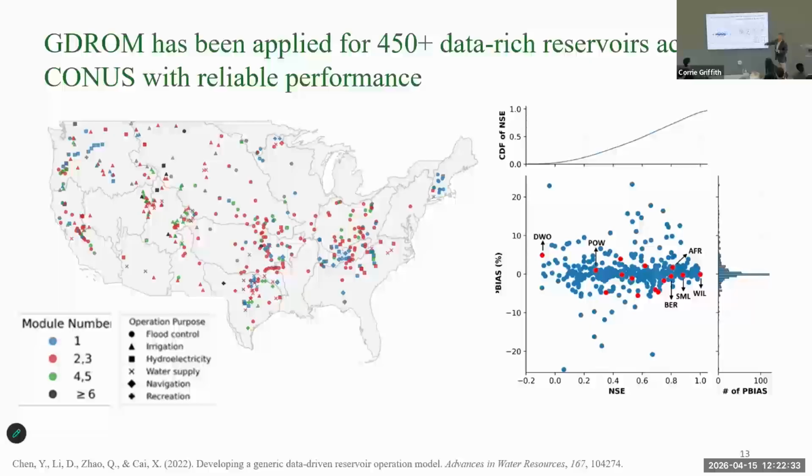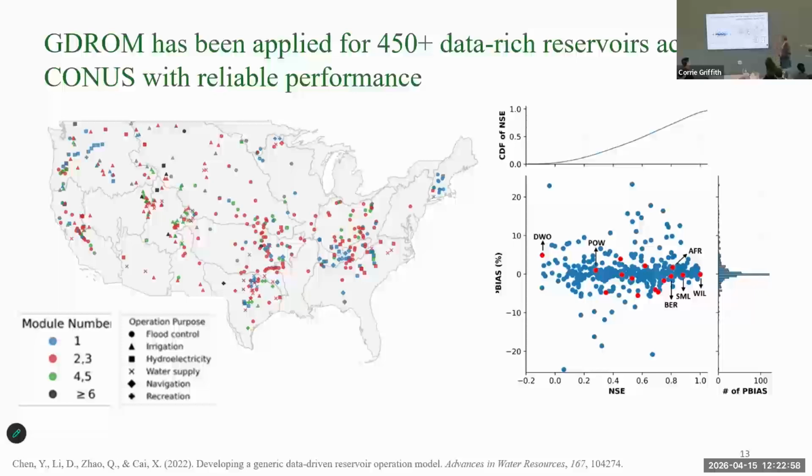Very rarely, only a few reservoirs have more than 6 modules. So we got excited about this because we found out that for reservoir operation modeling, we just need to know the several basic modules. It's not like we have to consider 10 modules or something like that.